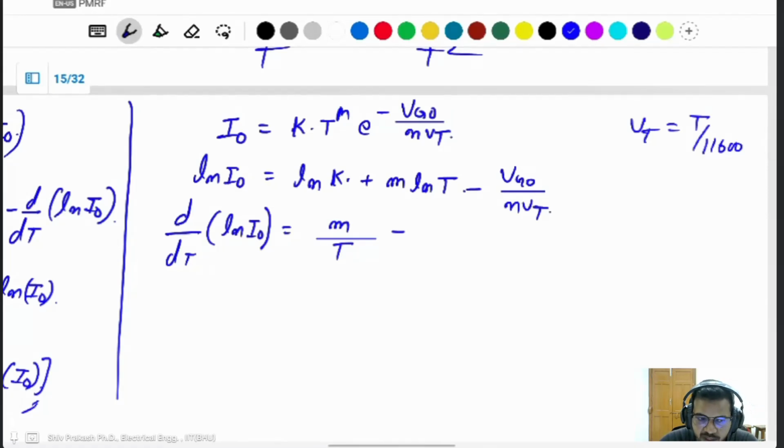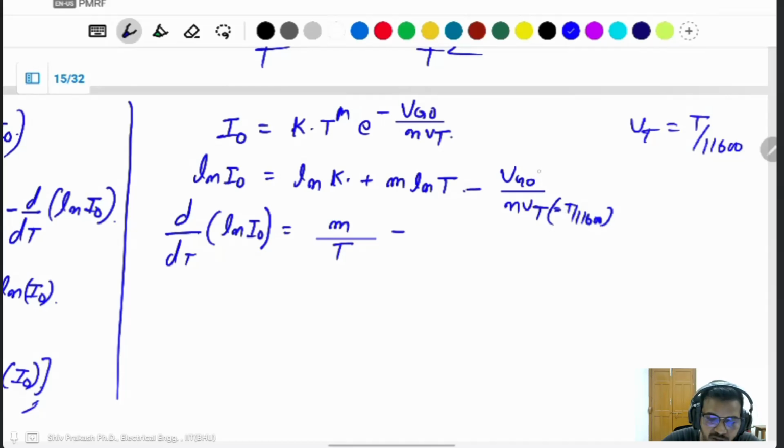If you take Kelvin, then take Kelvin for all conditions. If you take degrees centigrade, then take degrees centigrade in all the conditions. And most of the time, this will be Kelvin only. This will be equal to T by 11,600. You can differentiate 1 by T like that.